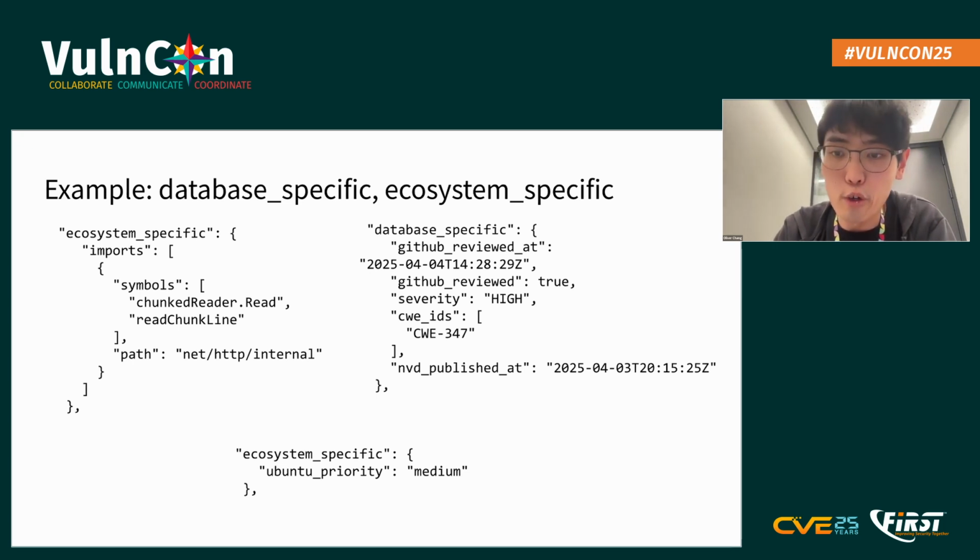For example, the Go vulnerability database provides metadata for Go import paths and symbols that are relevant to a vulnerability. GitHub has additional triage metadata specific to GitHub, and Ubuntu exposes the concept of Ubuntu priority in many of their records. The meaning of these are all very specific to those ecosystems or databases.